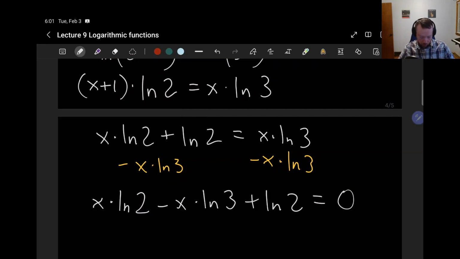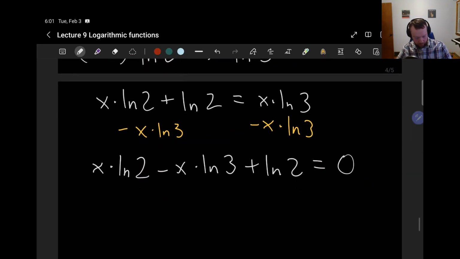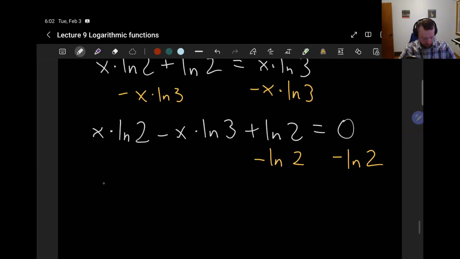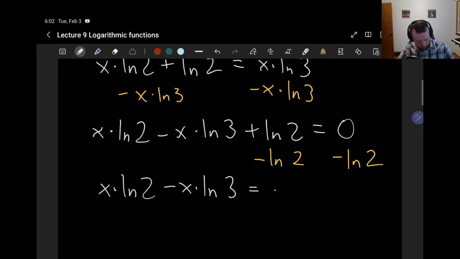Leaves me with 0 over here. Now let's get the non-x things on the other side. So I'll subtract ln of 2 from both sides. Great.